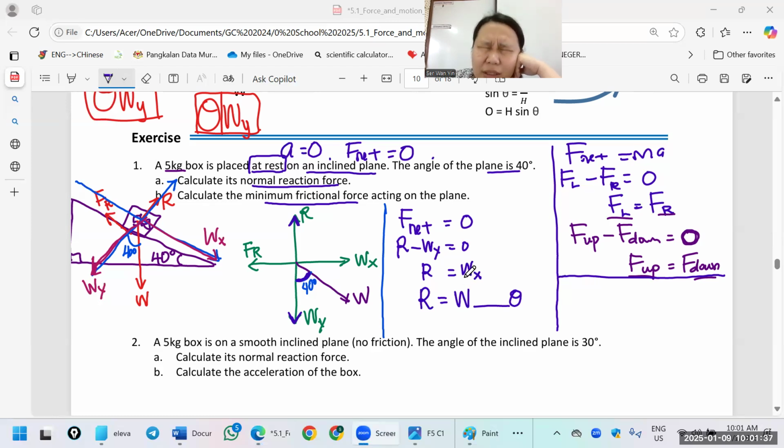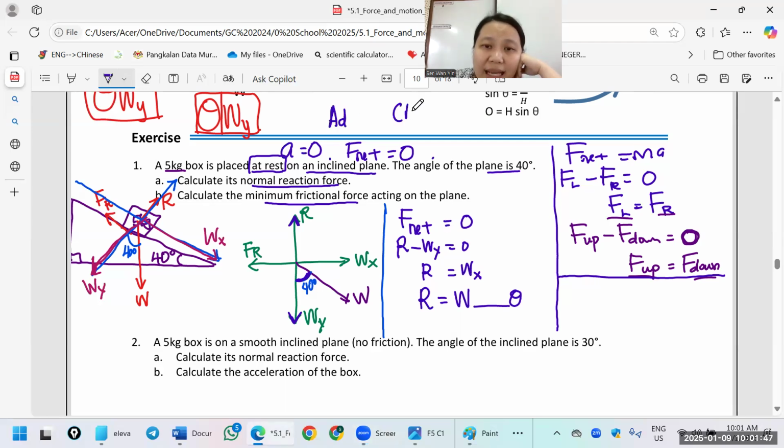Thank you, Shiqi. Touch means adjacent. Adjacent means cos. Cos theta, okay?